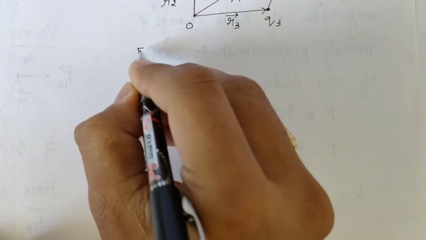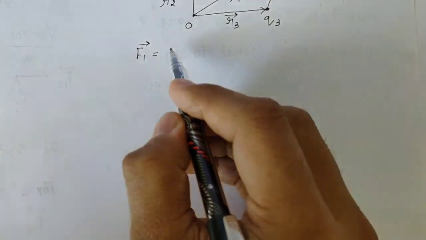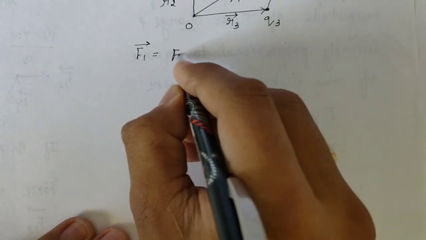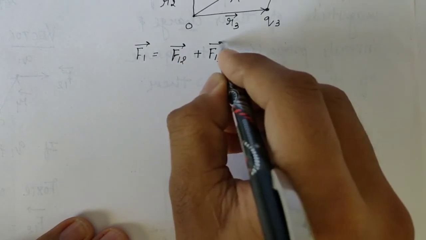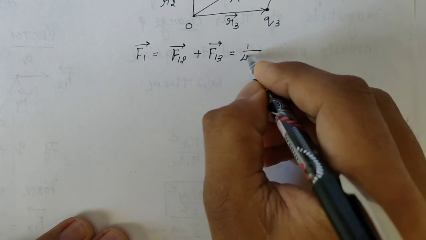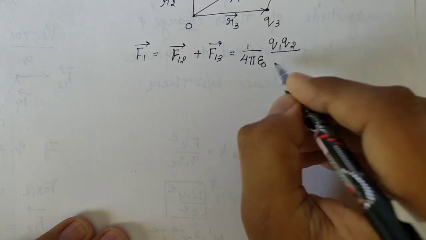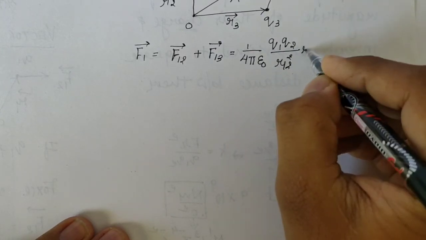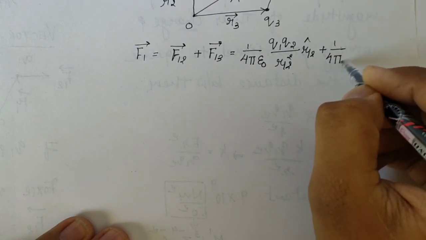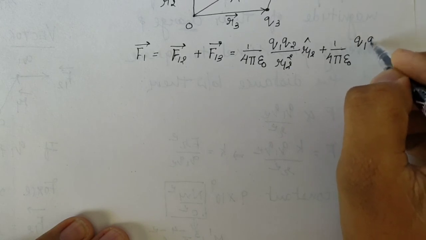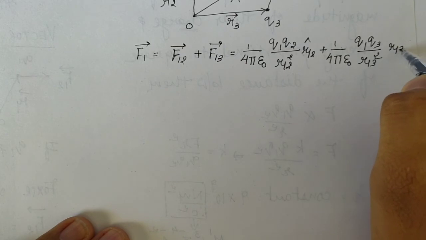Total force F1 is the vector sum of F12 and F13. F1 is 1/4 pi epsilon naught Q1 Q2 divided by R12 square R12 caret plus 1/4 pi epsilon naught Q1 Q3 divided by R13 square R13 caret.